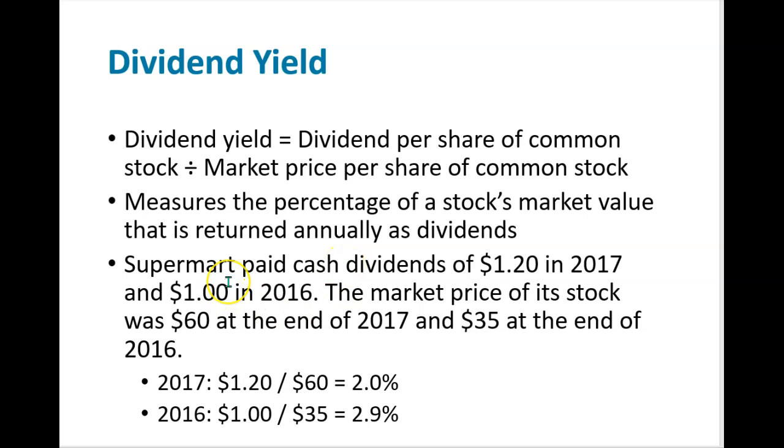This company, Supermart, paid cash dividends of $1.20 in 2017 and $1 in 2016. The market price was $60 at the end of 2017 and $35 at the end of 2016. So if I take my cash dividends of $1.20 and divide that by the price of $60, that gives me a 2% return, or 2% yield.